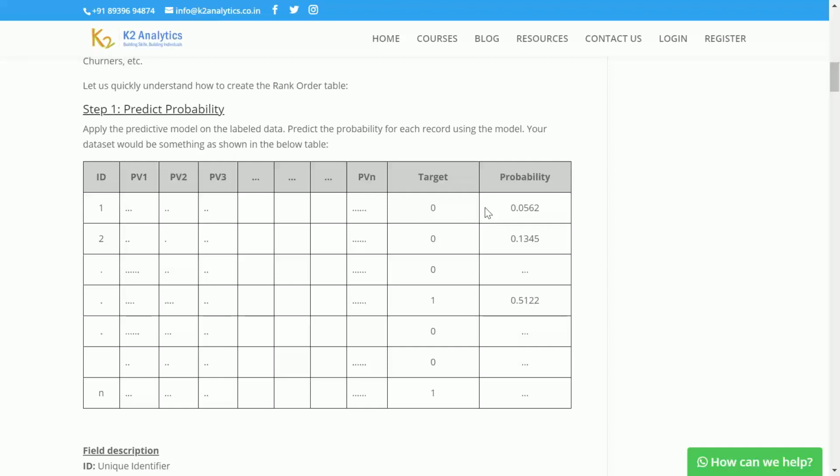So these are the columns which you have as input. Probability is not available. You take the independent variables and the dependent variable, you pass them through a machine learning algorithm. The machine learning algorithm learns from data, a model is created, and you use the model to make predictions.